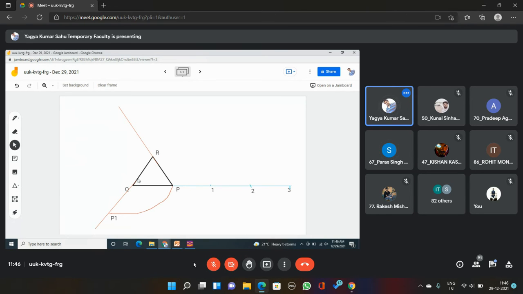So now what will be the center and what will be the radius? Center will be R and radius will be RP1. That means you can directly measure from P2.